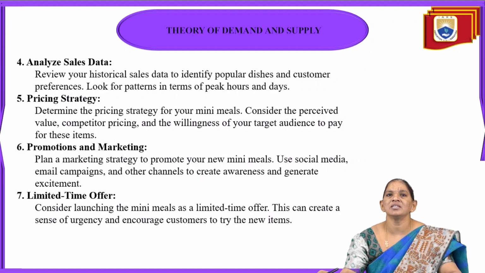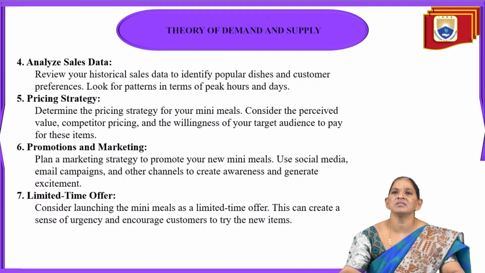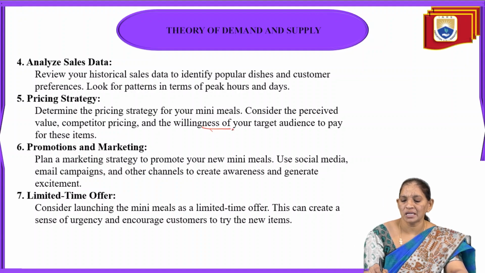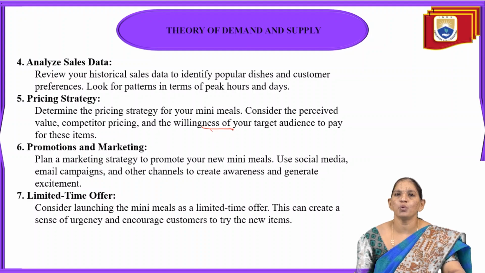Next, pricing strategies. We can't go for conventional pricing; we have strategic pricing, where the competitors' pricing and the willingness of the targeted audience play an important role in fixing the price.